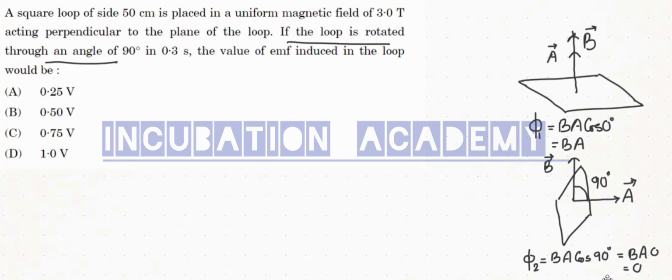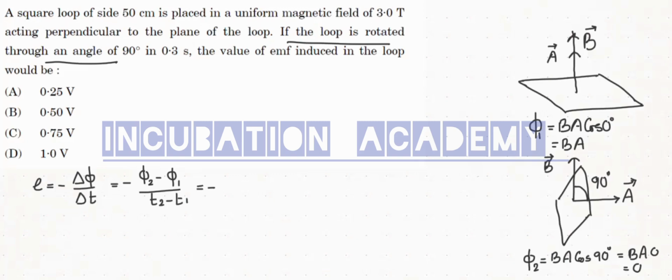Obviously four options are given, and for that purpose we need the help of the electromagnetic law of induction, which says E equals minus del phi divided by del t. Del phi is phi 2 minus phi 1, divided by t2 minus t1, that is the change in magnetic flux divided by the change in time.